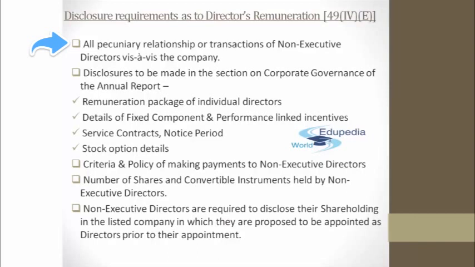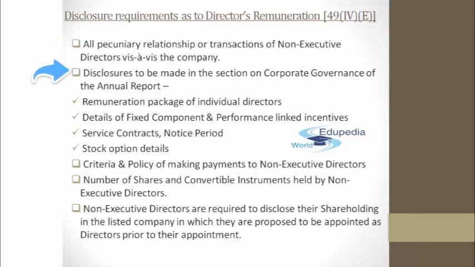They just take their remuneration to take care of the company, but they don't get involved in its procedures. So if there has been any transaction or relationship like this, that needs to be recorded and disclosed, because that is something unusual.